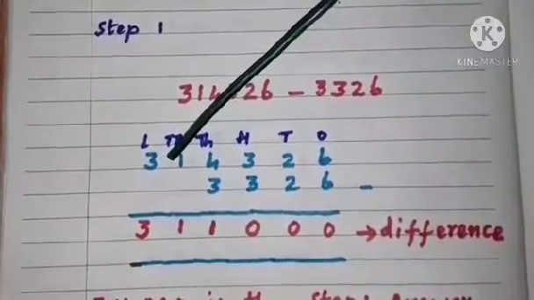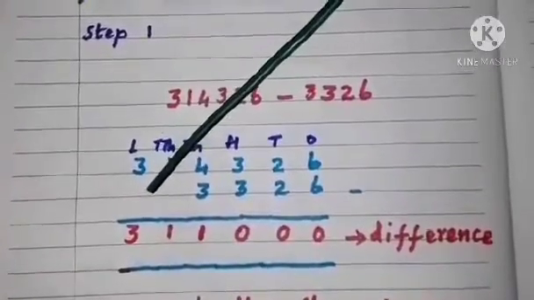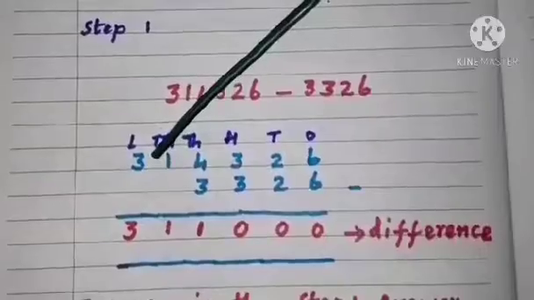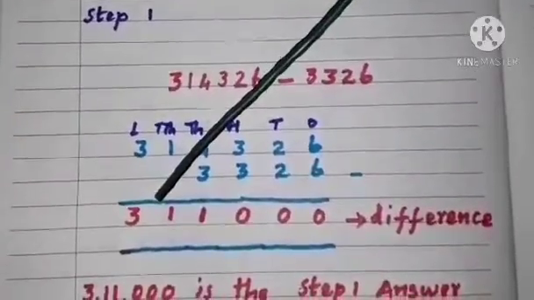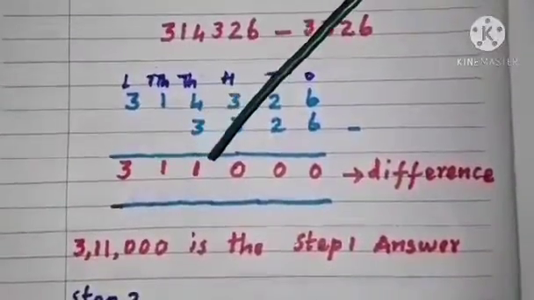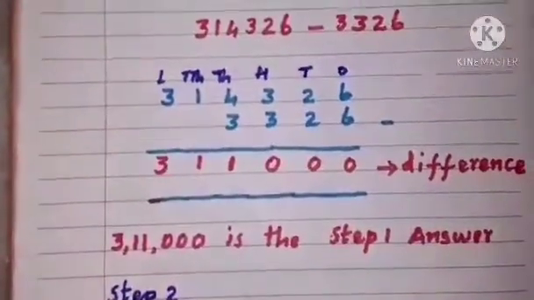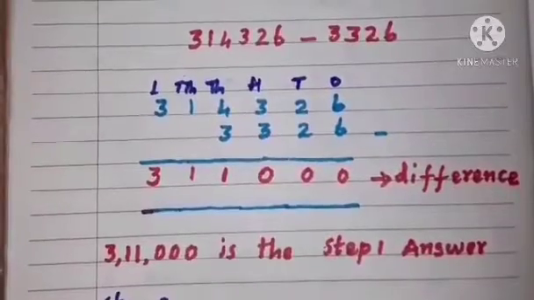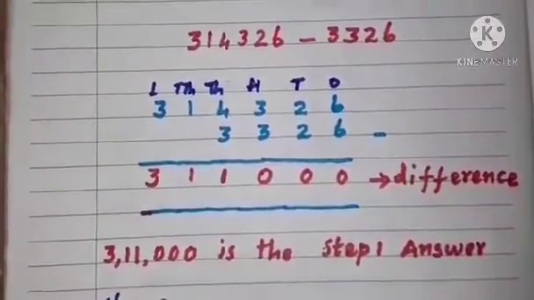Next, move on to the lakhs place. Here also there is no value to subtract, so we have to write 3 in the lakhs place. Now the difference is 3 lakh 11,000. 3 lakh 11,000 is the step 1 answer. That is the difference of two values.